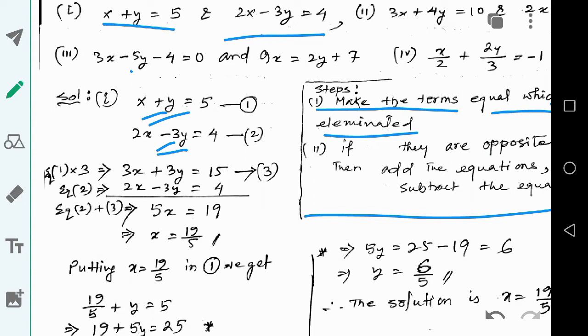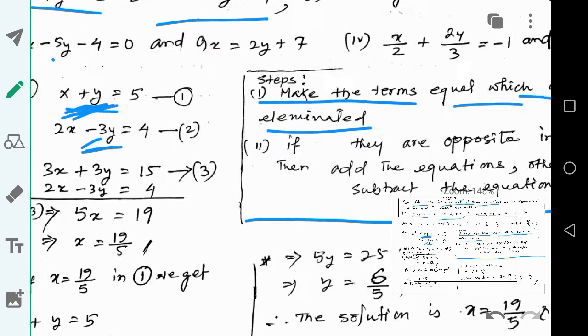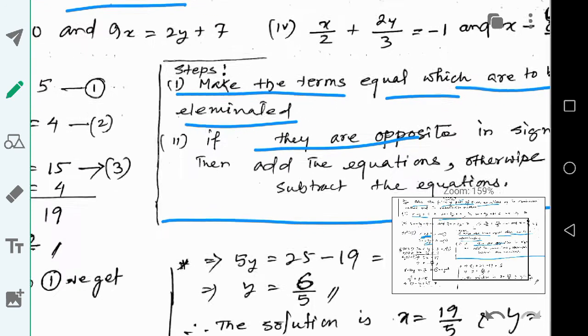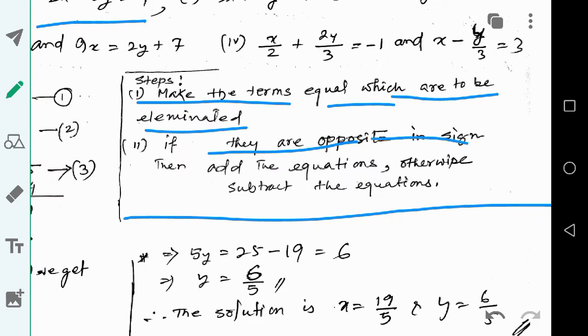Here it is thrice y, there it is minus thrice y. If the terms which are to be eliminated are opposite in sign, then add the equations.